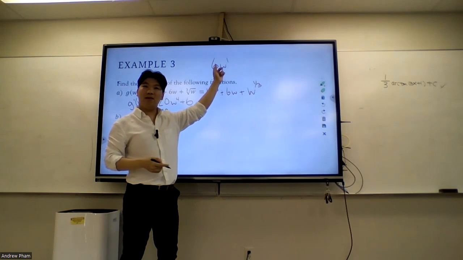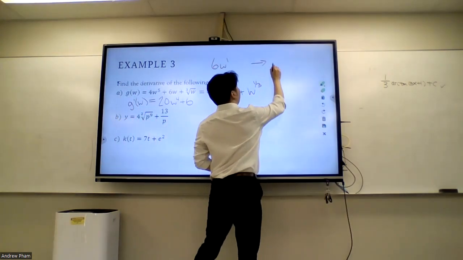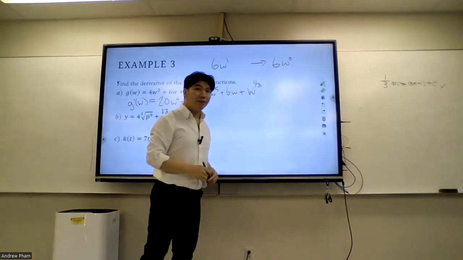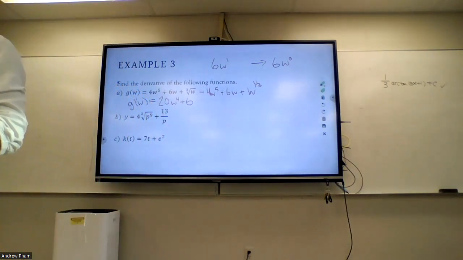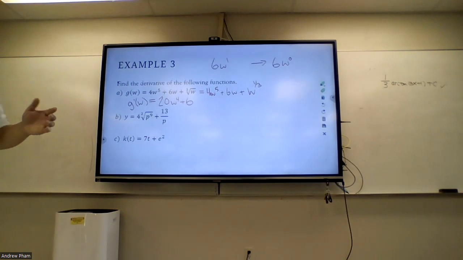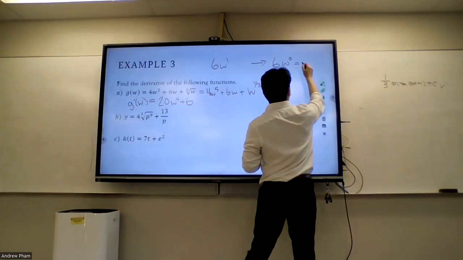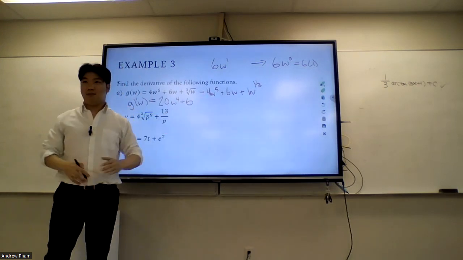Bring down the power, 6 times 1, I get 6. And then we get w to the 1 minus 1, we get w to the 0. What's anything to the 0 power? Any real number to the 0 power is 1. So really, this is just 6 times 1, which is why I'm leaving this as 6.